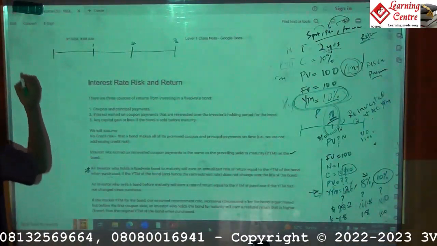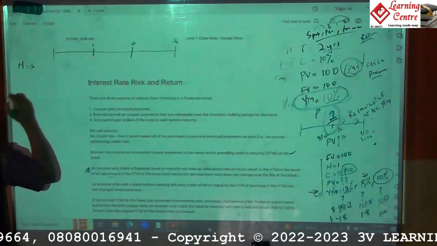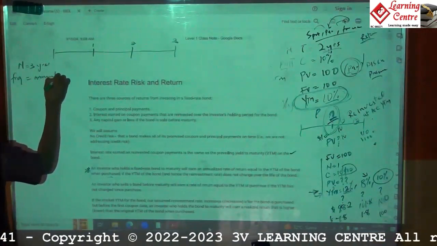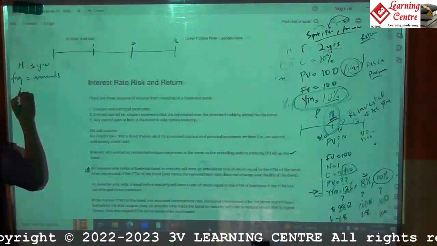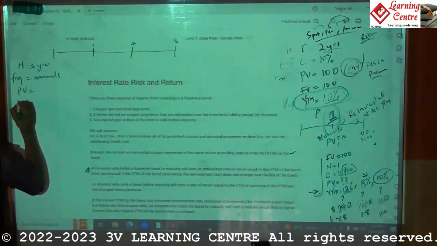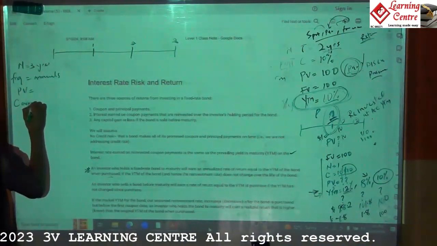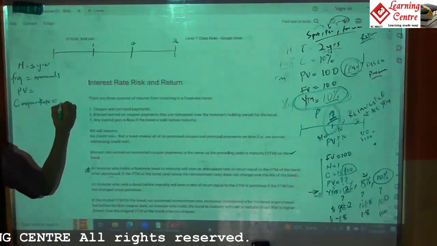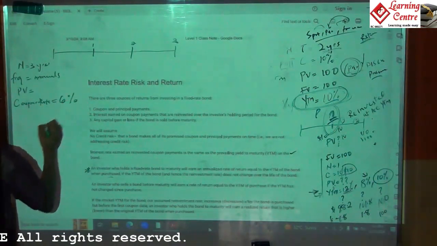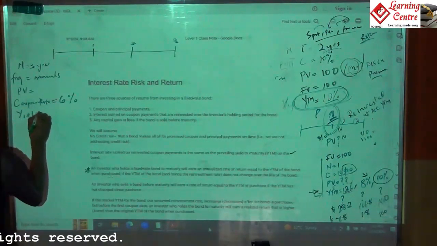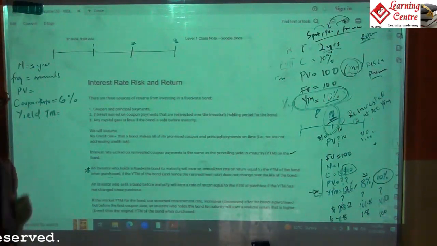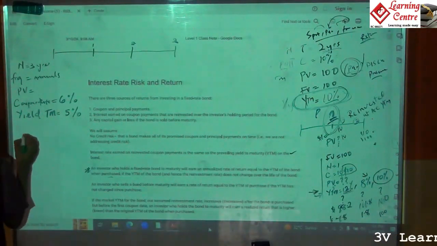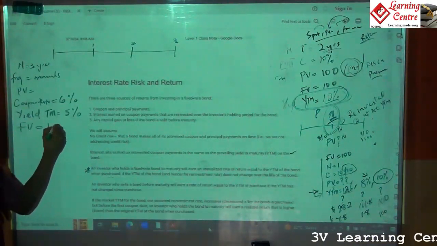Let's say we have a 3-year bond. Frequency of payment is annually. The coupon rate when we established the bond was 6%. The yield in the market then was let's say 5%, and the face value of the bond is 100.